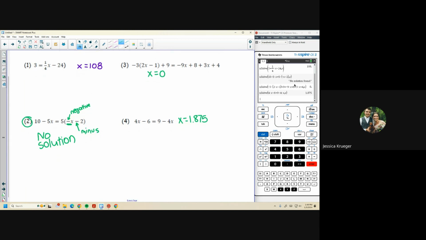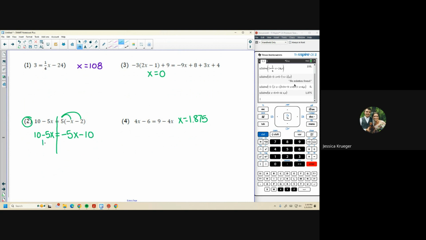What would this look like? So if I go to solve this one, first thing I'm going to do is distribute. So I get 10 minus 5x equals negative 5x minus 10.